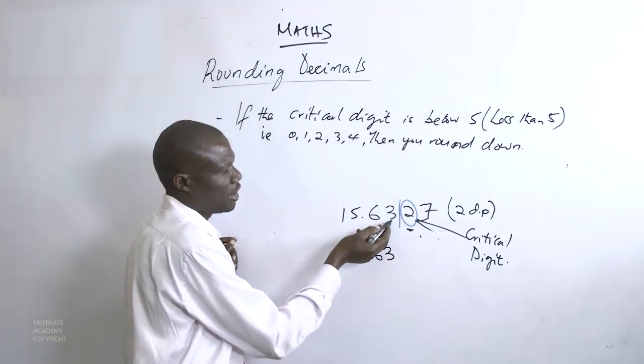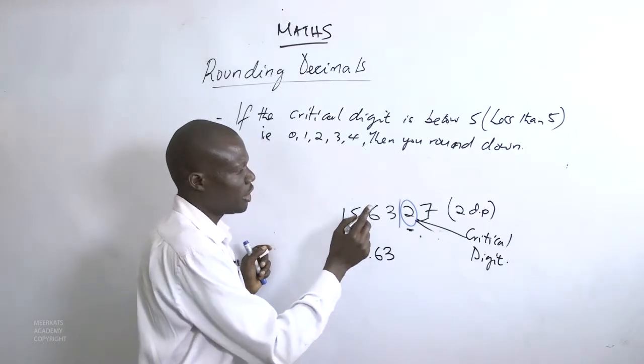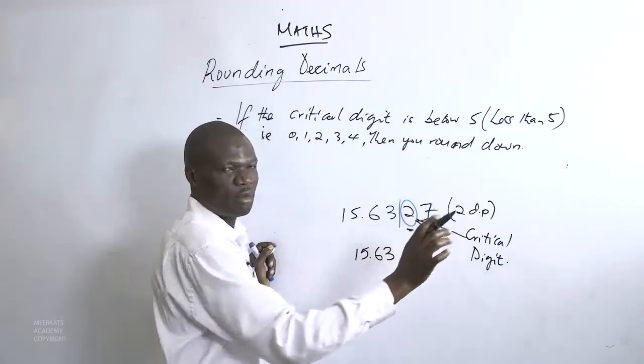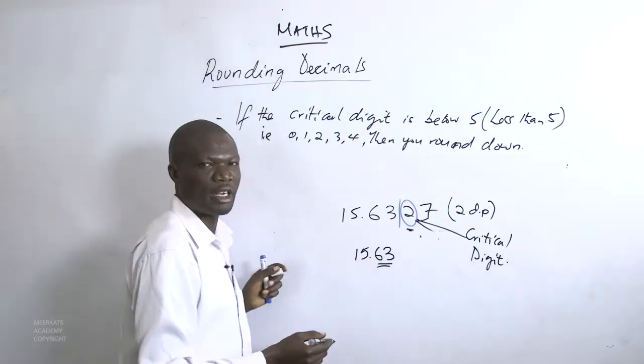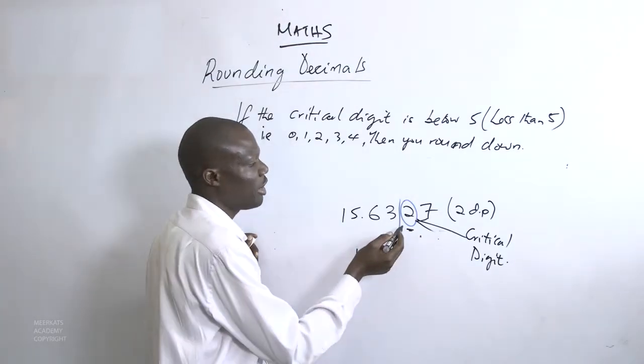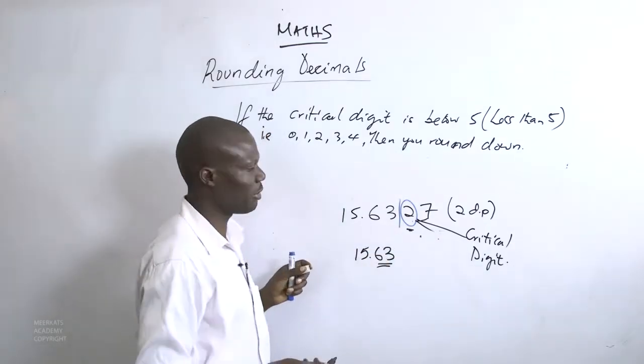So this remains. We shall not consider other decimals that existed as long as we have the required number of decimals and the critical digit is not adding any value to them.